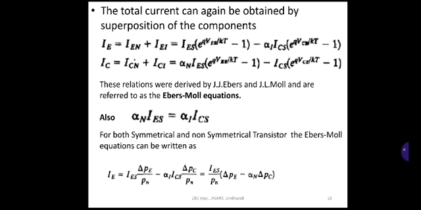For both symmetrical and non-symmetrical transistors, the Ebers-Moll equation can be written as IE is equal to IES into delta PE by PN minus alpha I ICS into delta PC by PN.